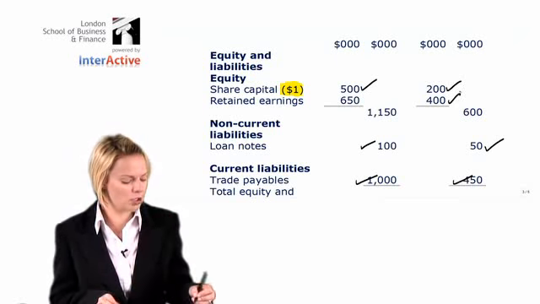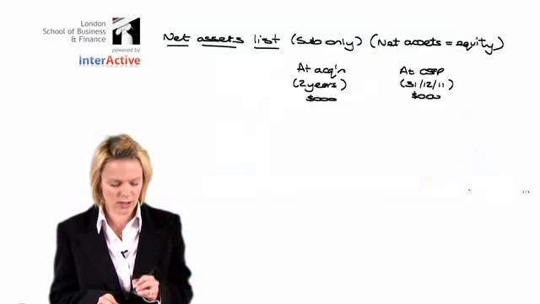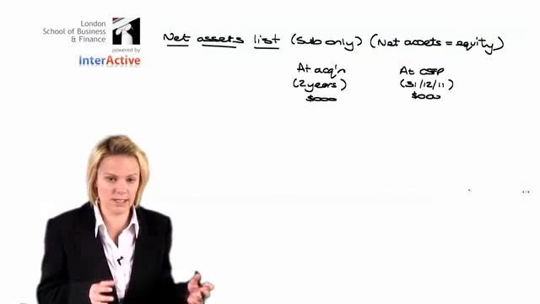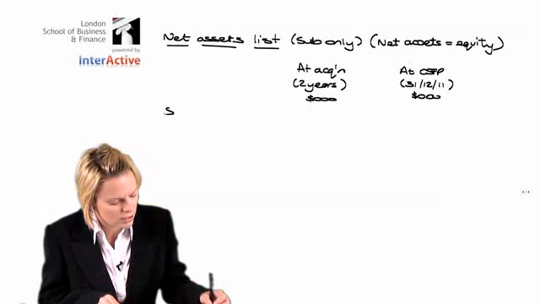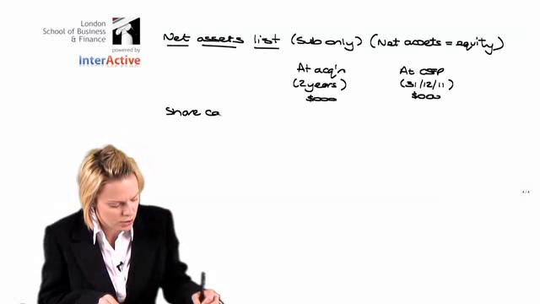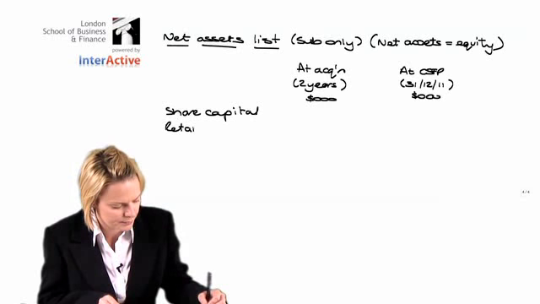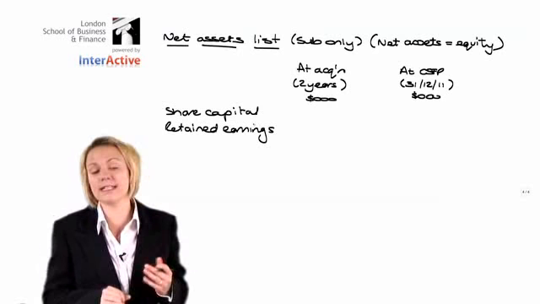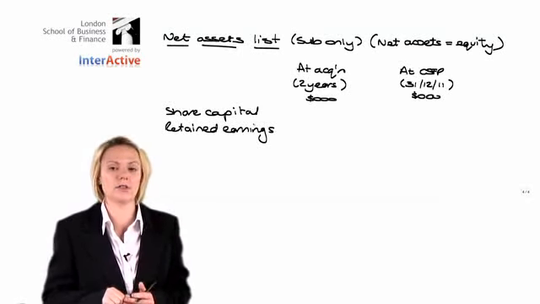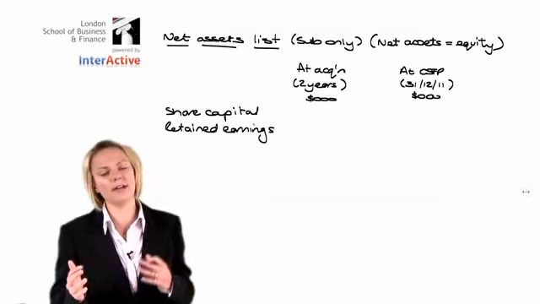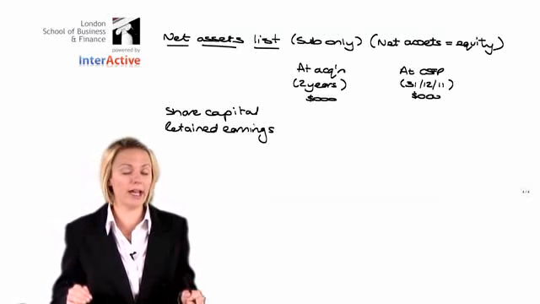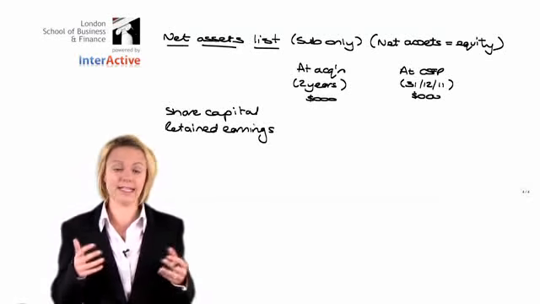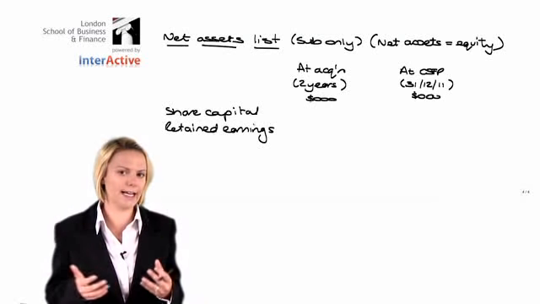They are the only 2 equity accounts that we've been given, and they are the net assets of the subsidiary. So we put in the names of those equity accounts: share capital and retained earnings. If there was share premium or a revaluation reserve, they would all get included as well. But in this case, we only had 2 equity accounts.